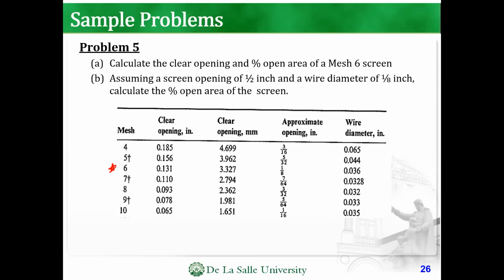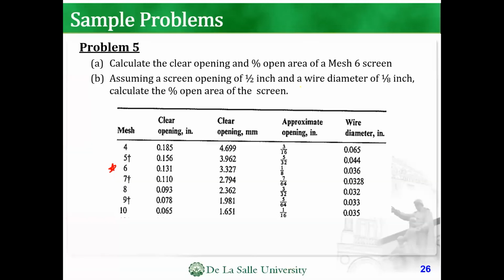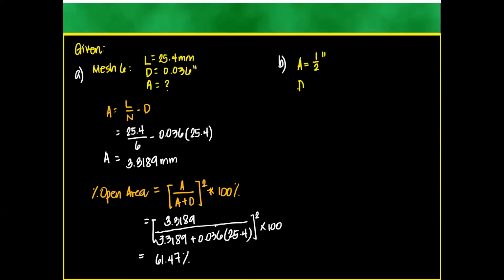Now, assuming this screen opening of 1/2 inch and a wire diameter of 1/8 inch, calculate the percentage open area of the screen. So this is for letter A. For letter B, you're given an aperture of 1/2 inch and a wire diameter of 1/8 of an inch. You're asked to solve for percentage open area.